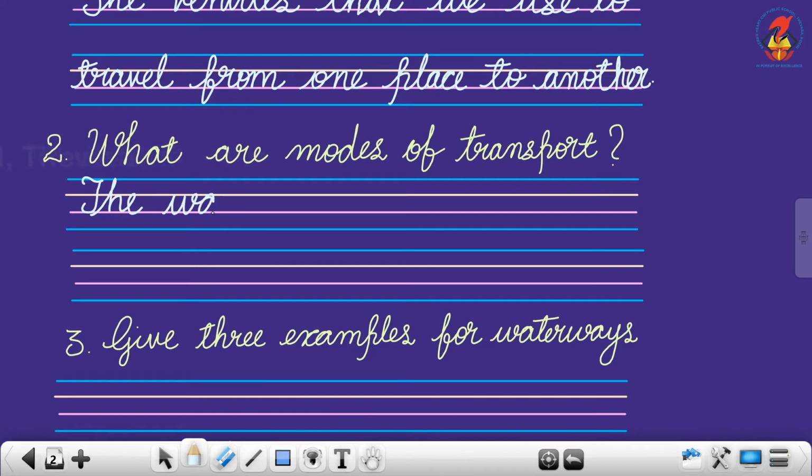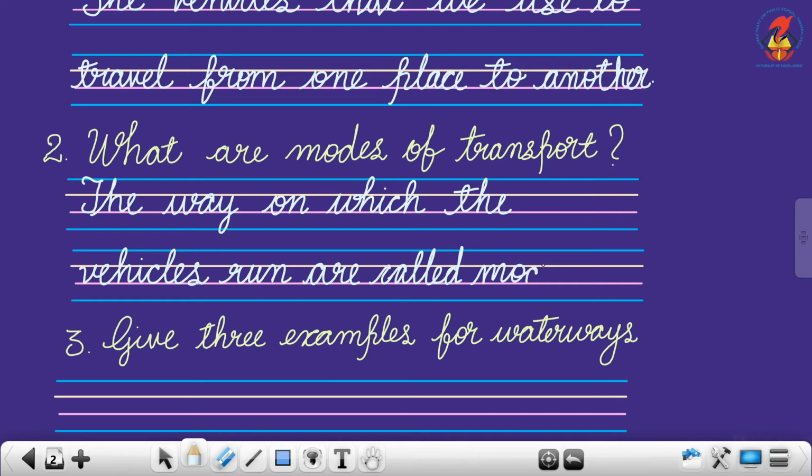The way on which the vehicles, be space for vehicles, so we'll write it down. The vehicles, learn all the spellings which are new to you, okay. So the way on which the vehicles run are called modes of transport.